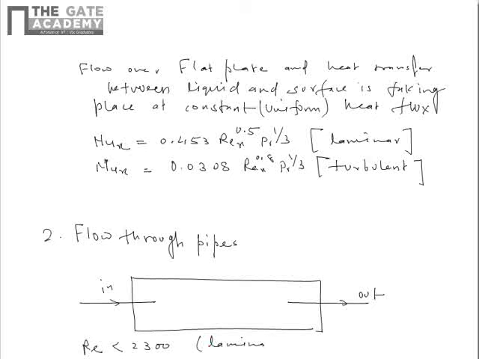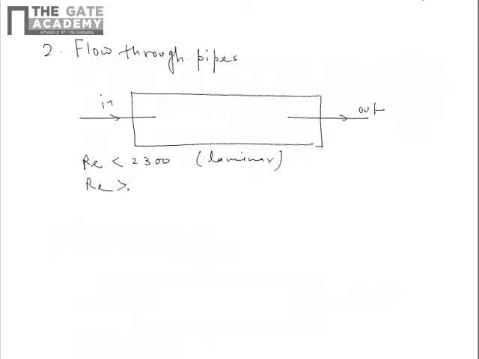That is, flow is laminar, and if Reynolds number is greater than 2300, flow is said to be turbulent. Okay, so in this situation let us consider the first case.